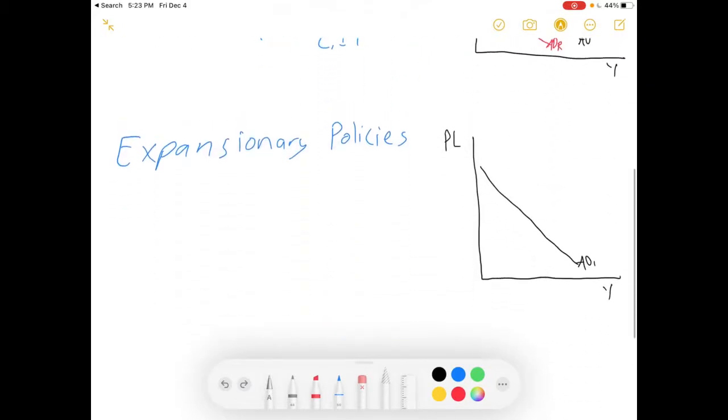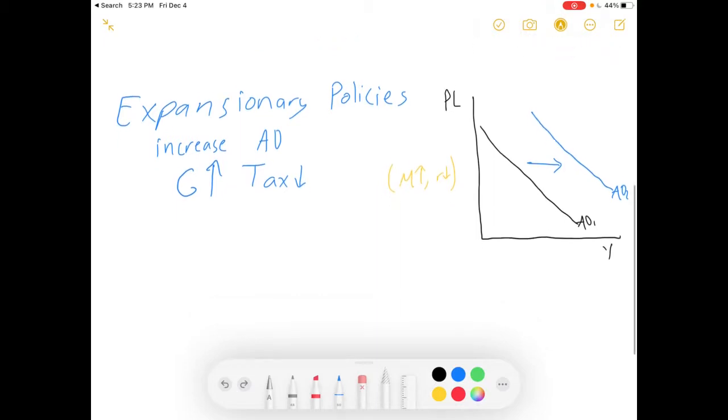Let's talk about expansionary versus contractionary policies for a minute. Same ideas as before. Expansionary policies increase aggregate demand, shifting it to the right: government spending increases, taxes decrease. Back in monetary policy, we'd say increasing the money supply. The way we'll draw that will be the same here as there, even though monetary policy is different from fiscal policy.